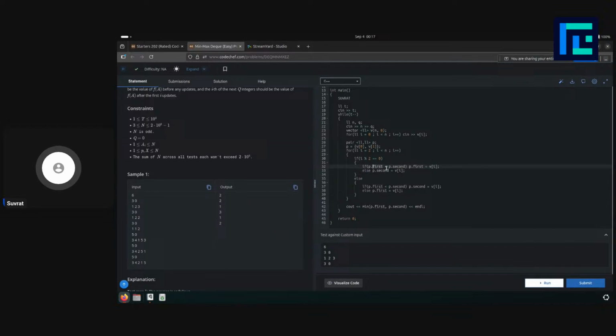If the first element was smaller, we change the first element to be vi, and if the second element was smaller, we change the second element to be vi. Similarly, in Bob's case we will change the maximum element. If the second element is maximum, we'll change that border, else we'll change the first border. In the end, the minimum of p dot first and p dot second would be the answer.